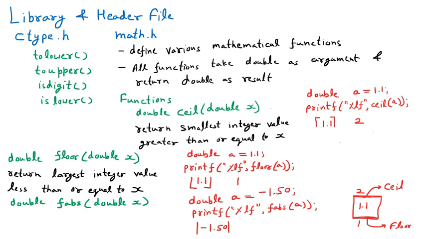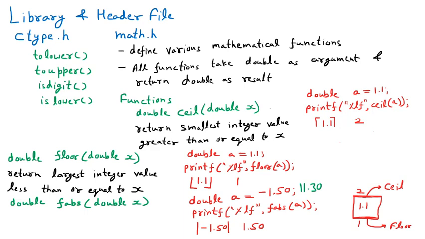Remember one thing, absolute means the positive value. If you pass any negative value, let us suppose minus 1.50, it will automatically convert it to 1.50. So the answer of this one will be 1.50. But assume that I am passing a positive value, for example, I have given the value of a as 11.30.